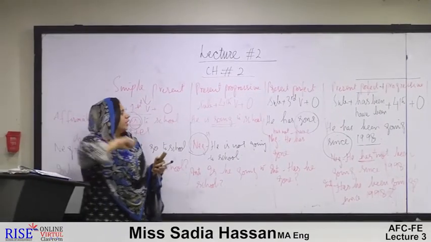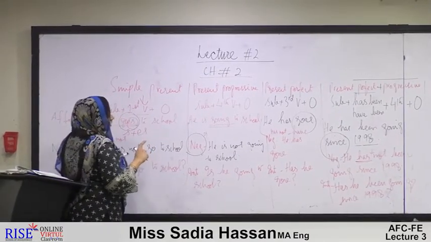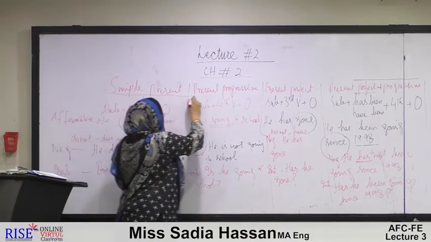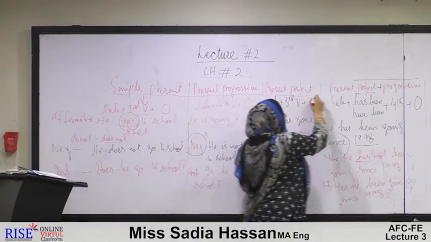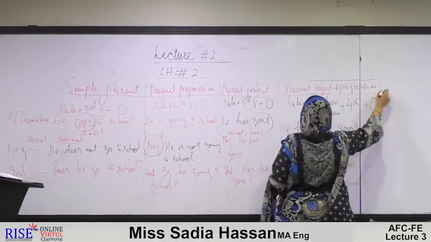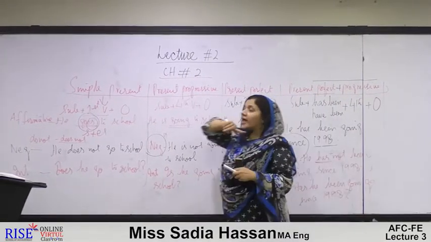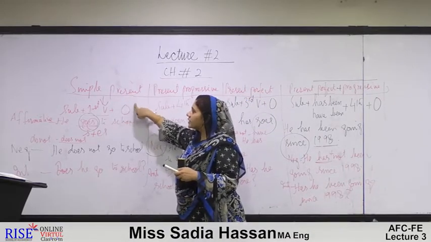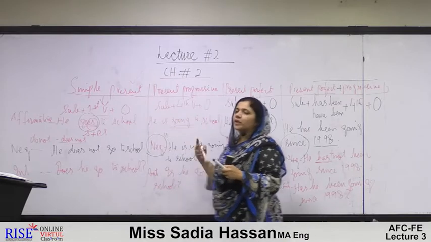Okay. Now we move on to past tense. As I have already discussed, the present tense represents the time frame of our today's actions. By simple present, I mean the actions which I am habitual of doing.